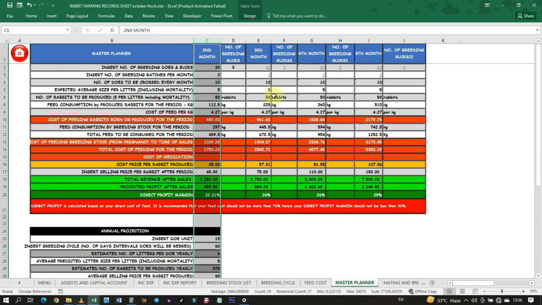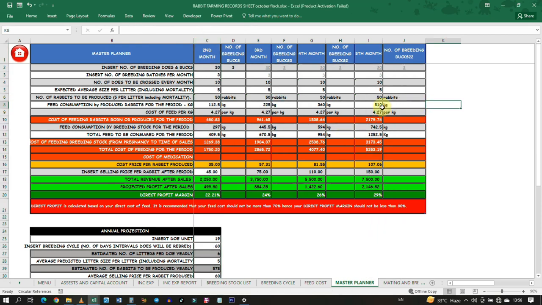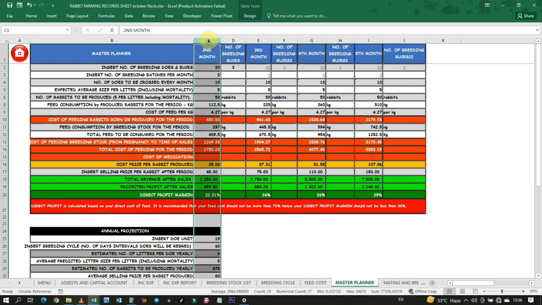And mind you, by 1 month they start eating. By 1 month they are fighting with their mothers over the feed. They are well enough to start eating solid food. So for the next 2 weeks or so that they will be with their mother, and then when you wean them, I'm talking about the second month, they would have consumed about 4 bags.